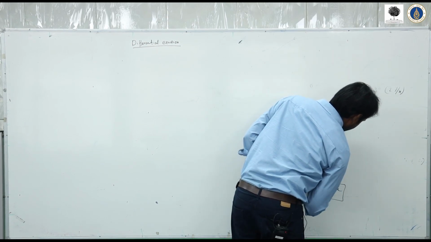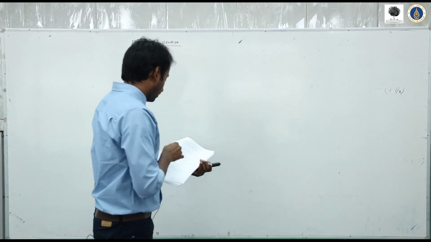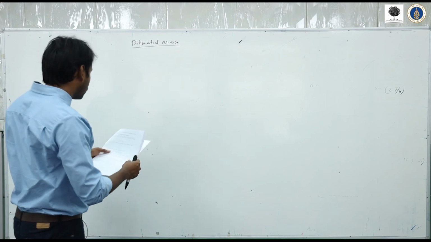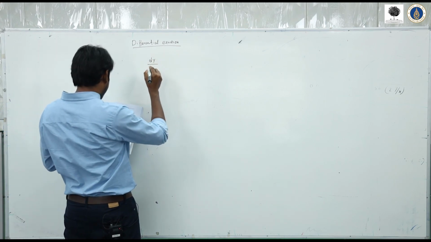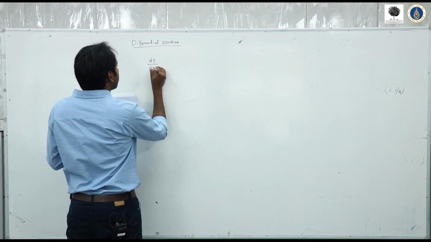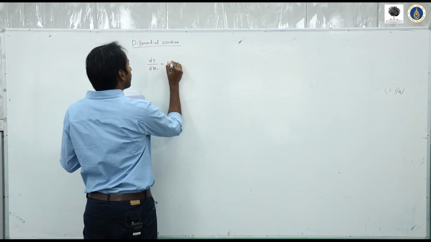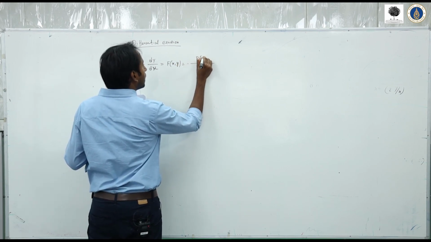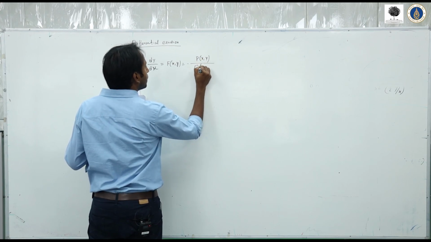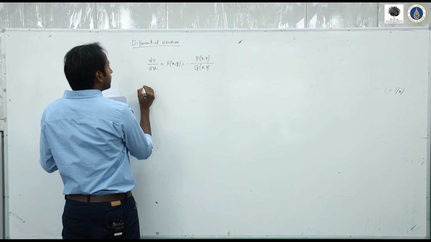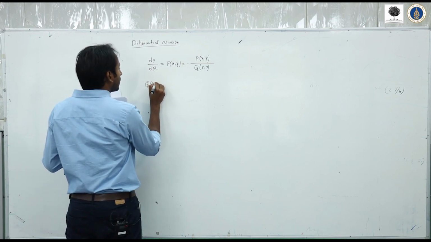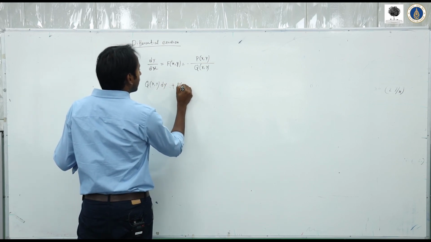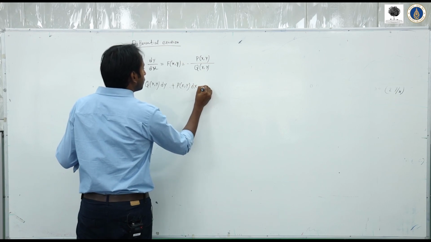So the next technique I would like to discuss is called exact differential equations. So suppose you have a differential equation of this form: dy by dx is f of x y, which is of this form p x y over q x y. Then you can write q x y dy plus p x y dx equal to 0.